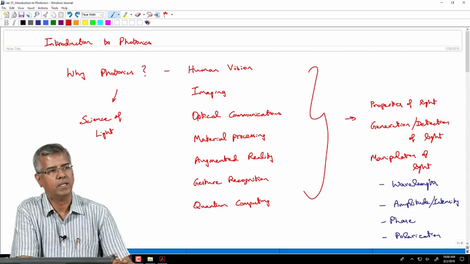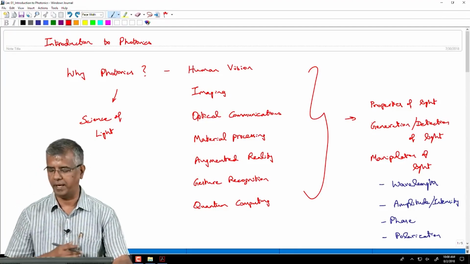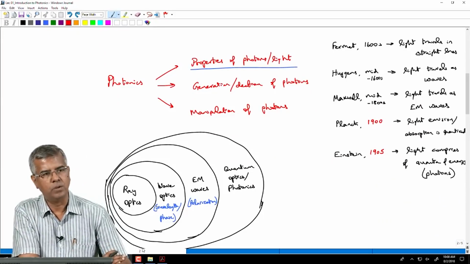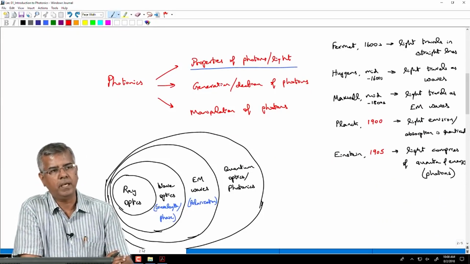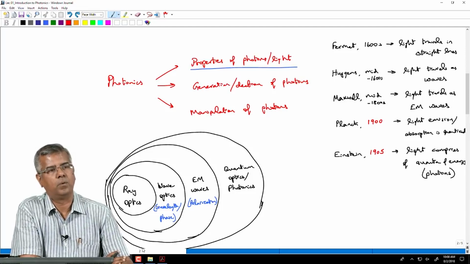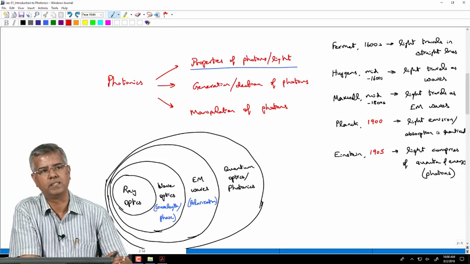We were trying to list down a number of applications where photonics plays a central role, and then we went on to say, when you look at how we try to analyze photonics processes, we start with ray optics, where as Fermat mentioned, light travels in straight lines.